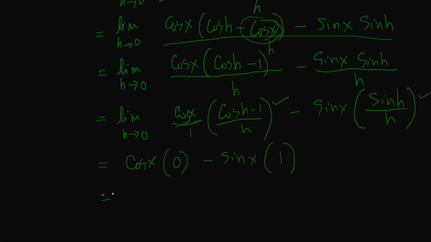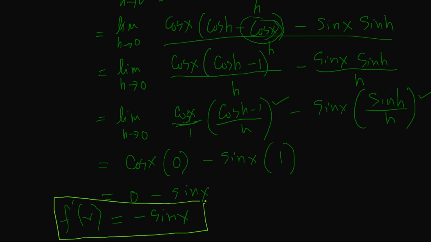So I will be left with 0 minus sine of x, and finally our f prime of x is equal to negative sine x. So this is now the derivative of our given function cosine of x.